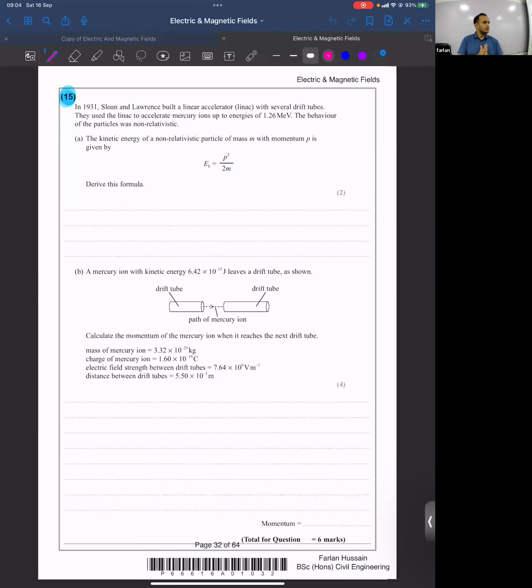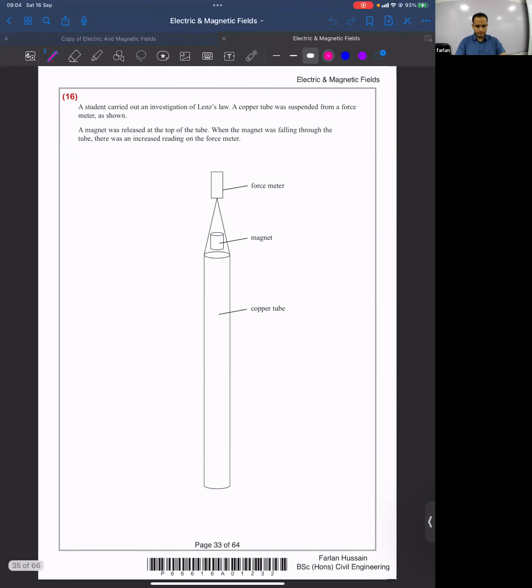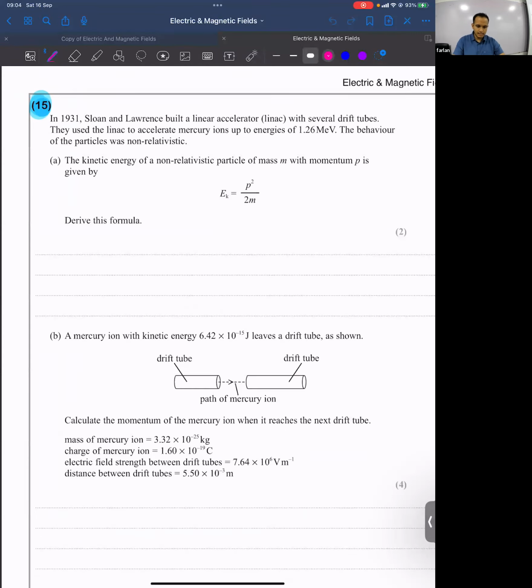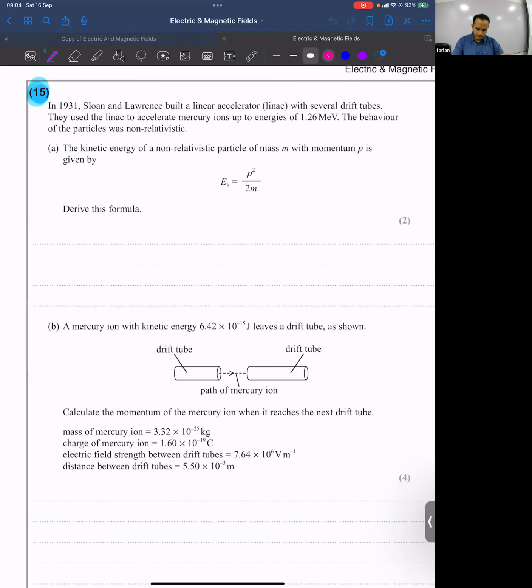Right, okay. Question 15 is a homework, is it? Question number 15. In 1931, Sloan and Lawrence built a linear accelerator with several drift tubes.